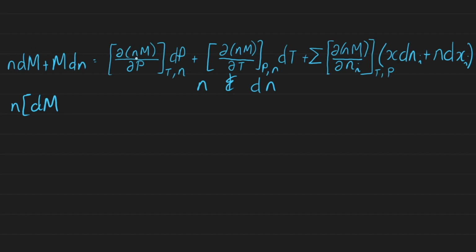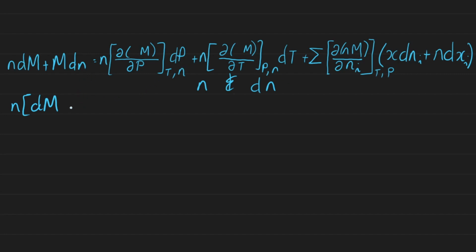And then with these other terms, we can see that n is a constant, so we can bring n out of this derivative and write it in front here as well. The only difference here is that n is not exactly a constant because we have the number of moles changing. So in any case, we can gather these terms.